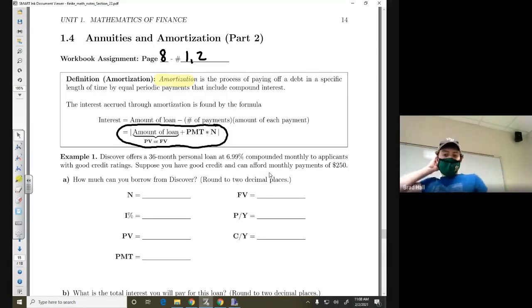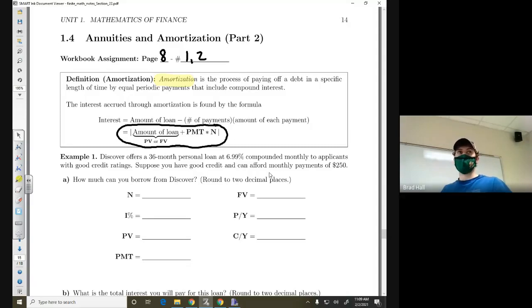Now you might notice under amount of loan, it says PV or FV. So when you're determining interest, you're going to be picking the value that is non-zero. So it says PV or FV, and all that means is, well, use whichever one is the non-zero one.